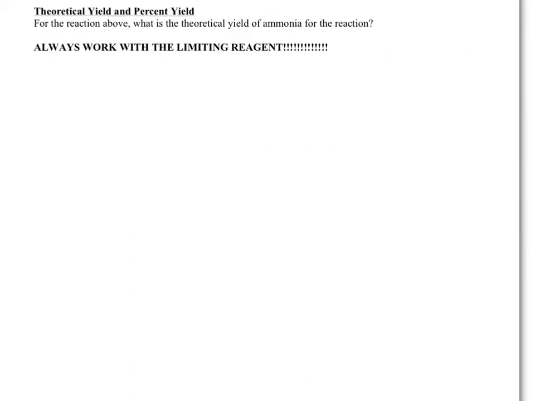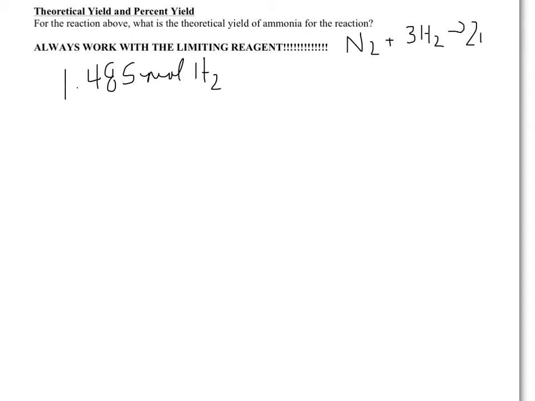Now we're going to take that and we have 1.485 moles of hydrogen gas. And if you remember from before, I'm a really big fan of that roadmap. So I've got nitrogen gas plus 3 hydrogen gas reacting to form 2 ammonia gas.